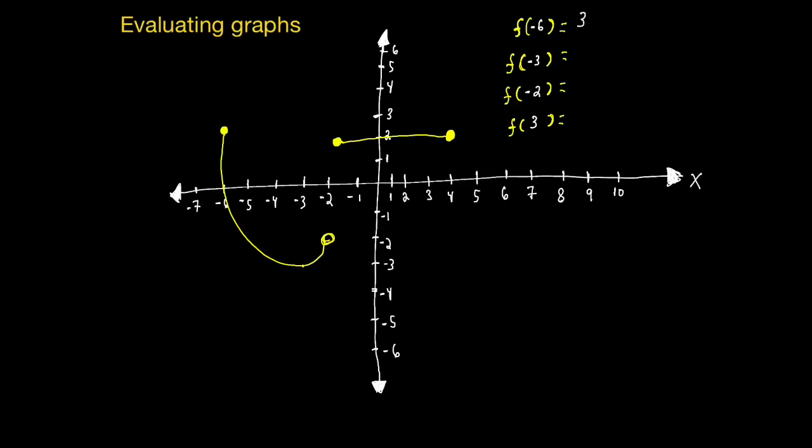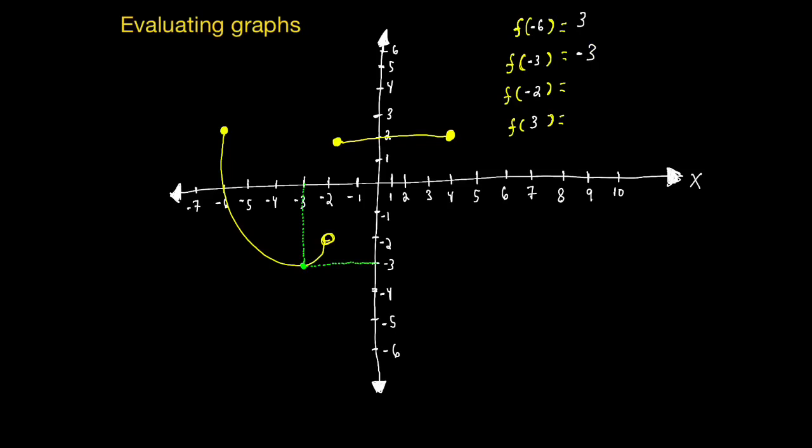Let's evaluate f of -3 now. So we have to go to the x-axis and find -3. And now we have to see what y value corresponds to this -3. So let's see where on the graph it hits. So it gets hit right there. And the y value that corresponds to the point on the graph is -3. So f of -3 is -3.